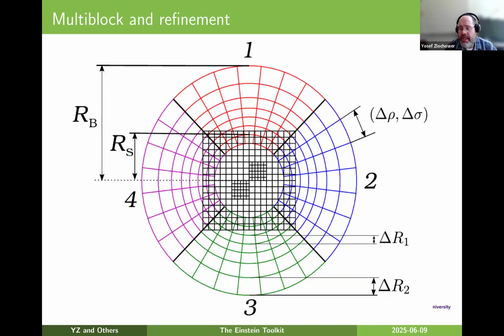Again, the Einstein Toolkit with the code Llama can handle this and provide correct boundary conditions so that all the different types of blocks that you see here can communicate effectively. And again, the codes you write which run on this can be relatively simple, but make use of this extremely complicated infrastructure.